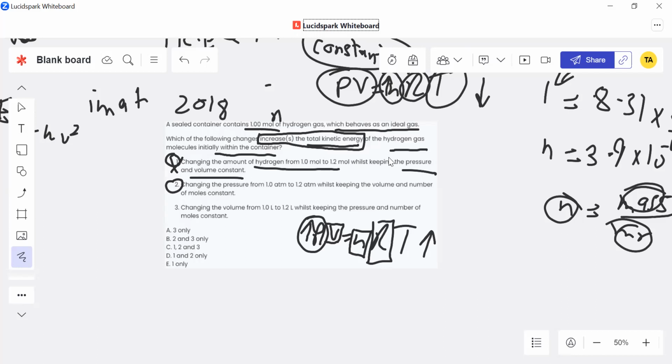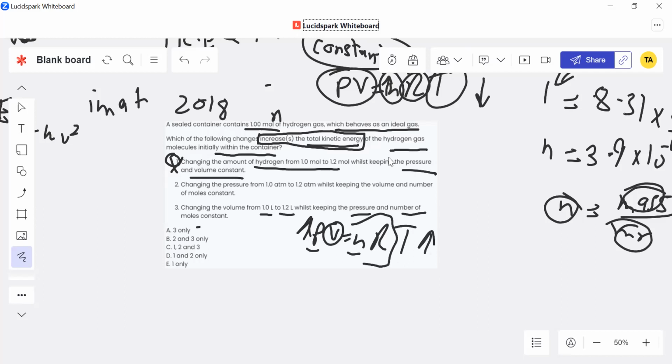And finally, the third one, right? They are saying that I change the volume from 1 liter to 1.2, but I keep my pressure and number of moles constant. So I increase the left side, right? I increase the volume. I keep my pressure and number of moles constant. So if my left side increases, my right side would also have to increase, right?